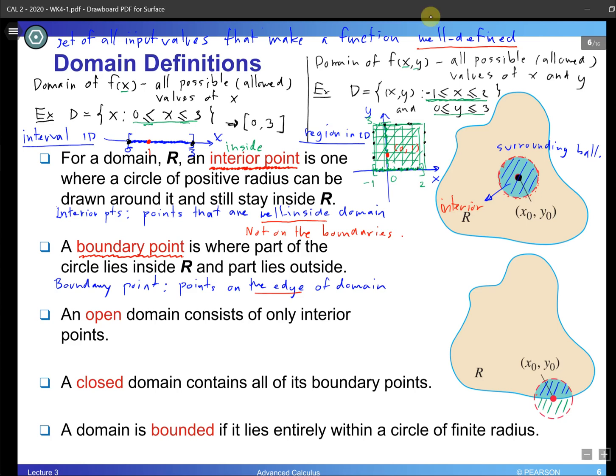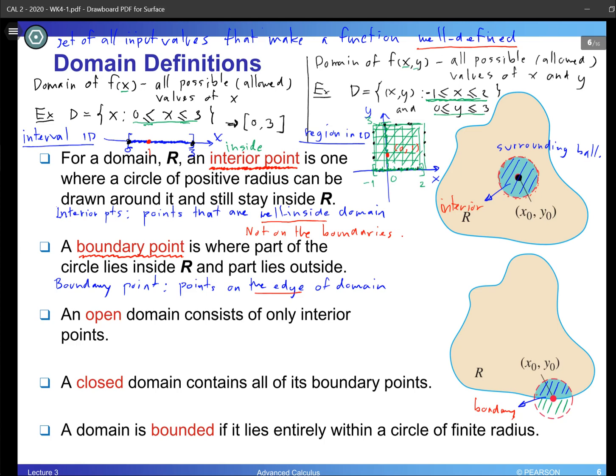If part of your surrounding ball is inside and the other part is outside, this point is a boundary point. Of course, if you want to translate this into a theorem or a definition, we are going to use some inequalities. But for now, we just stick with the idea.